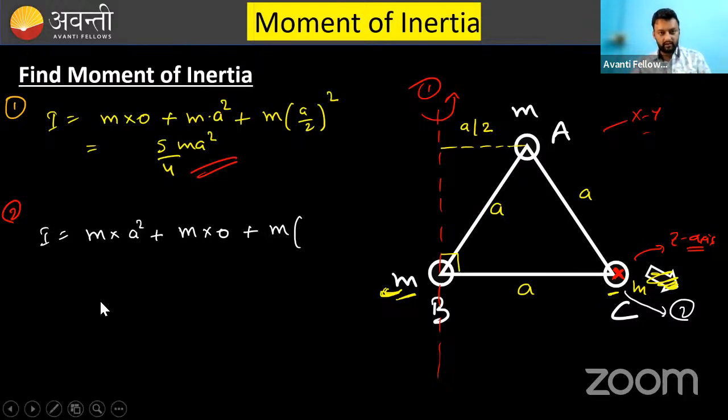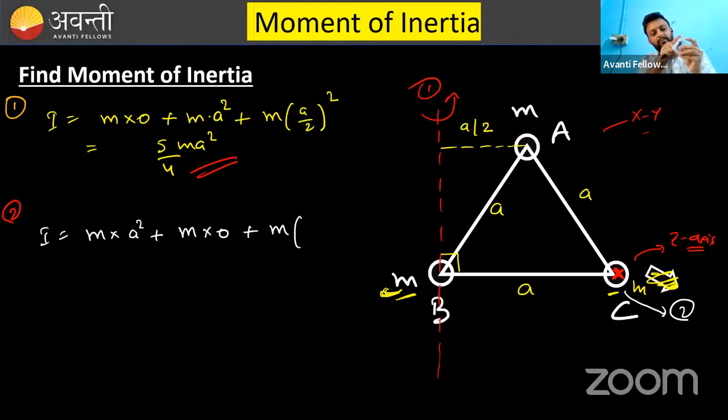Draw it in your mind, like suppose there is no such body with me. Let's suppose this is a triangular body. Clear? And this is the point of interest. This is the side that we are interested in, side AC.